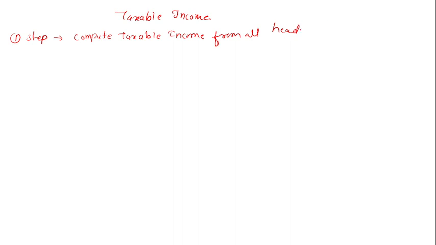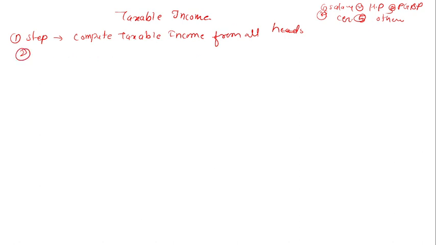All heads means income from salary, income from house property, income from PGBP, income from capital gains, and fifth, income from other sources. These are all the 5 heads. First we compute the taxable income from all the heads.